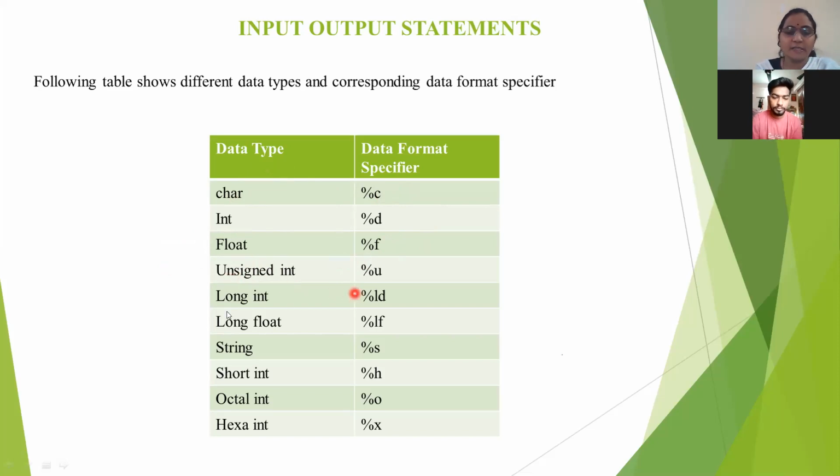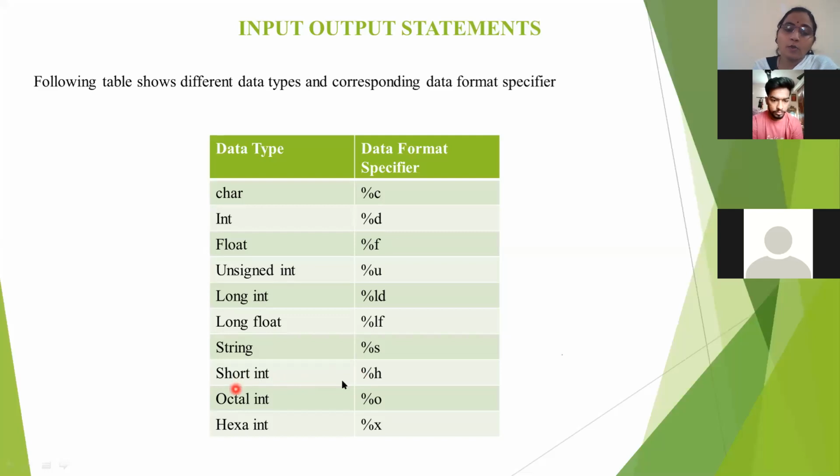Unsigned integer %u, long int %ld, long float %lf, string %s. Short int is different. There may be an MCQ on short int because it is a little bit different to remember. So what will be the data format specifier for short int? You should remember %h. Octal int %o and hexadecimal int %x.